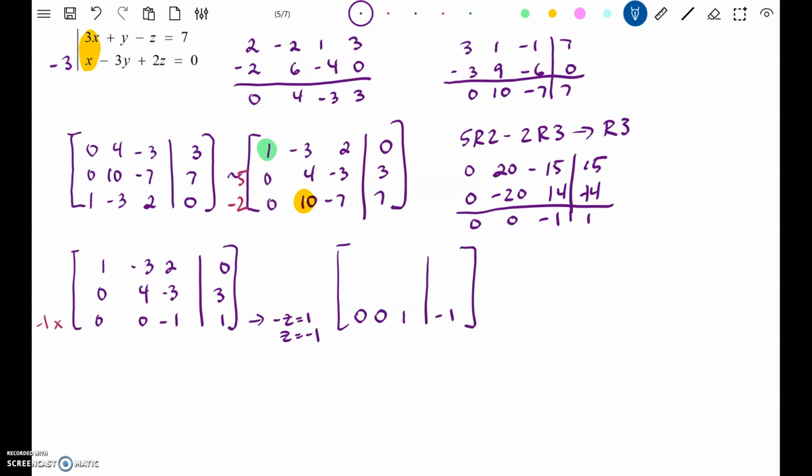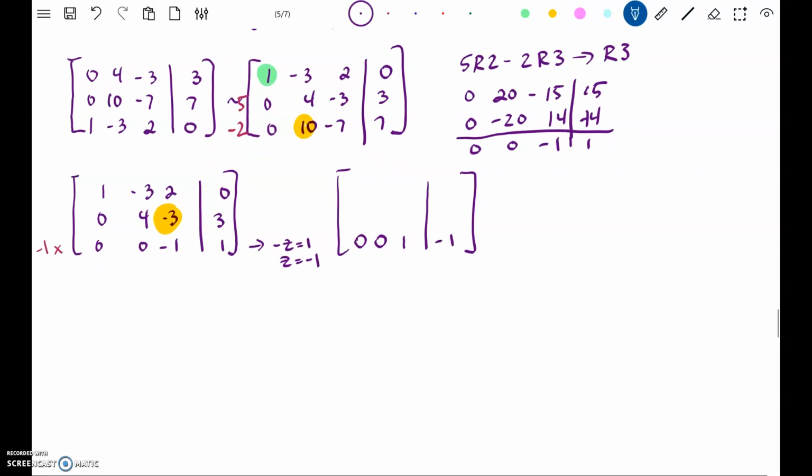And what else do we want to do? We want to eliminate this z value from the second equation. To be able to do so, we'll have to multiply row 3 by 3 and add it to row 2 and save this value under row 2.